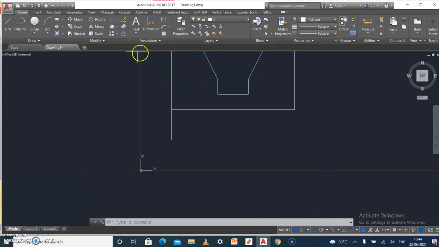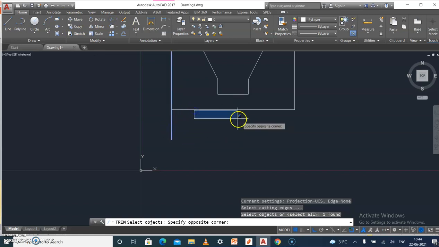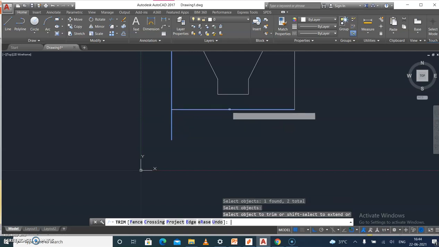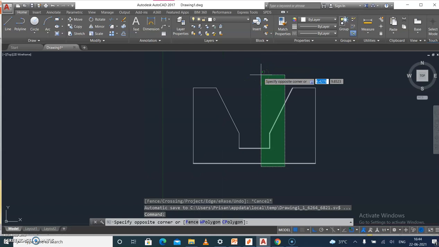Select this object and this object, press enter and erase. Okay, so this is the absolute coordinate system.